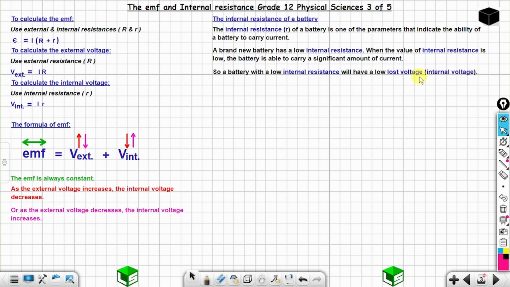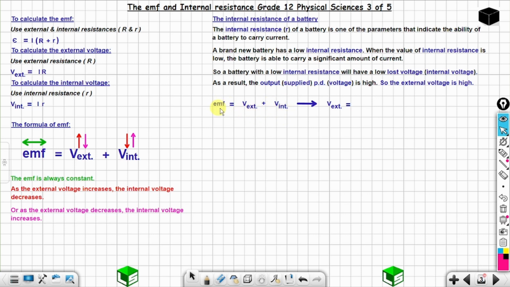As a result, the output, or the supplied potential difference or voltage, is going to be high. So you have a higher output of voltage. This is the external voltage, which is high. We can understand this using the formula of EMF. From this, we know the external voltage is equal to, you have EMF, you take internal voltage to the left.